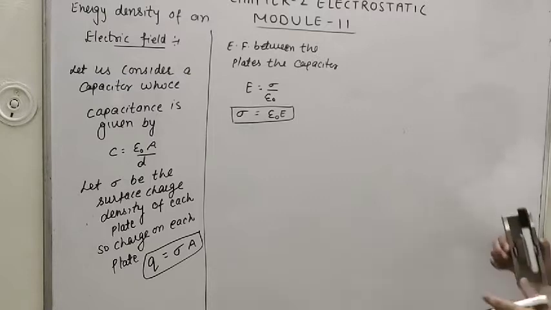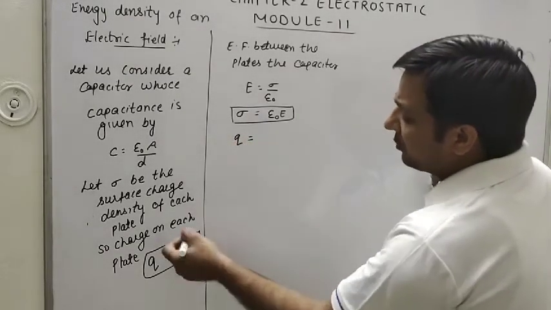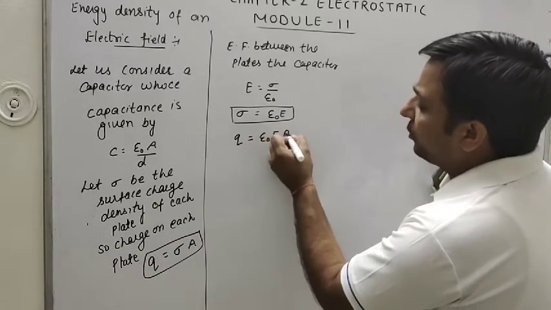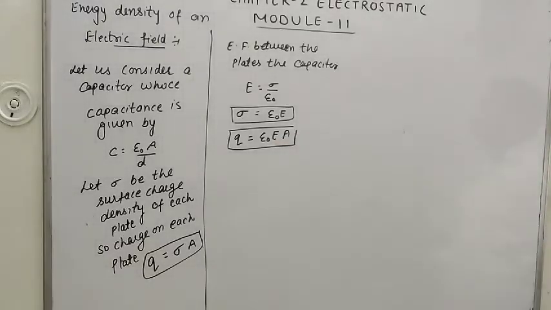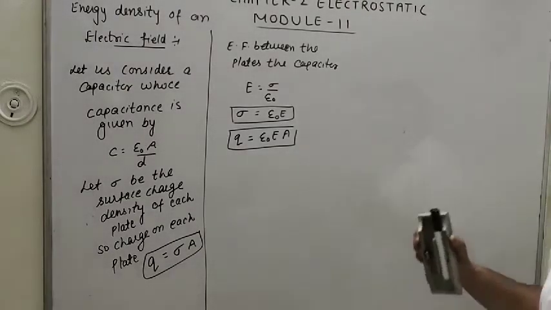But what does the charge become? Q is equal to epsilon naught E into A. This is the value of charge because we have put the value of sigma. Sigma is the surface charge density, and after that we have discussed the formula of energy stored in a capacitor.